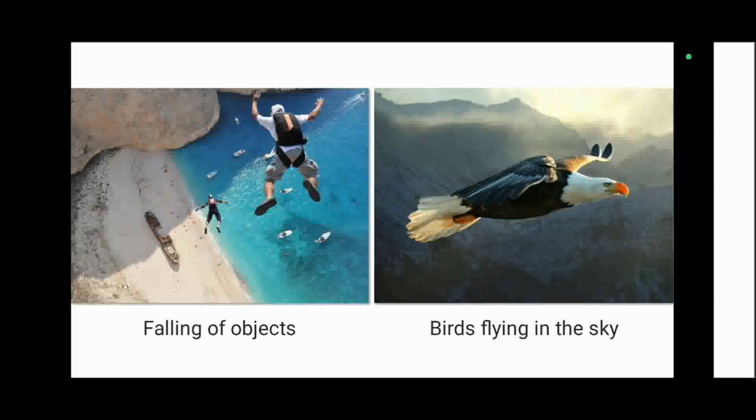According to Newton's law of universal gravitation, every point mass attracts every other point mass by a force acting along the line joining both points. When an object is dropped, it falls toward the ground due to the gravitational force.